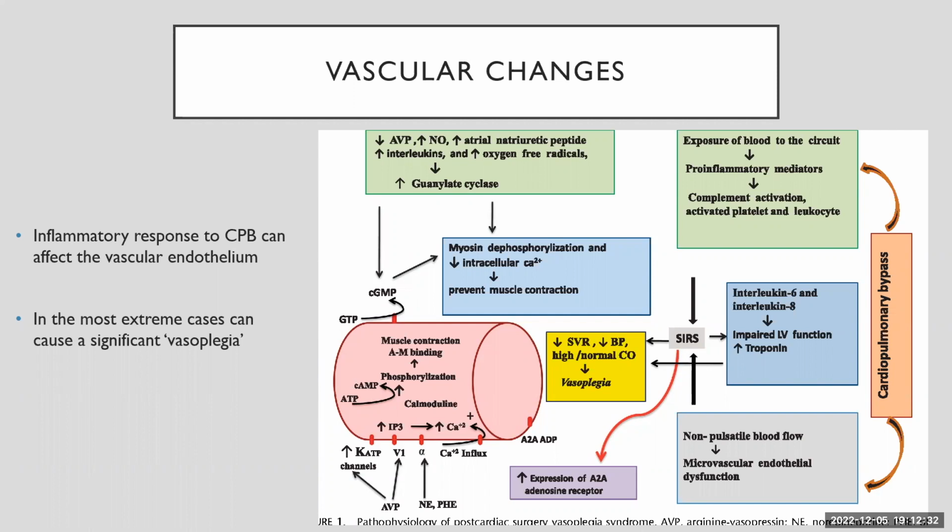And in the most severe of cases, you get what's called a vasoplegia syndrome, whereby patients require significant doses of vasopressor medicines, i.e. those drugs causing vasoconstriction, in order to try to gain control over the circulation, because the result of a reduction in total peripheral resistance is that in order to achieve a set pressure, you need to have a significant flow. And of course, there's a limit to how much cardiac output can be performed by the heart, particularly in the early post-operative period.